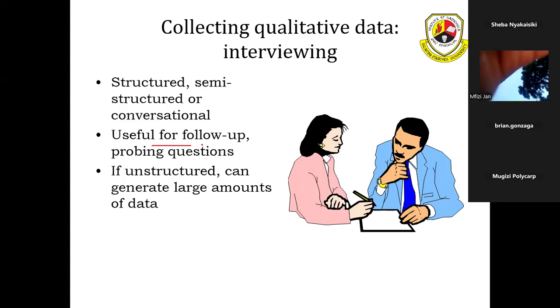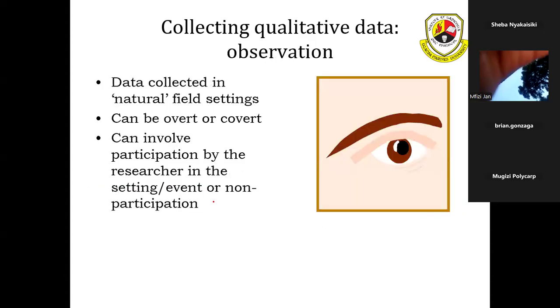Then you have useful follow-up probing questions. Depending on how your participant responds, you will have follow-up questions, like, what did you mean about this? Then you have the unstructured questions, which can collect large amounts of data. This can especially be found in focus group discussions.